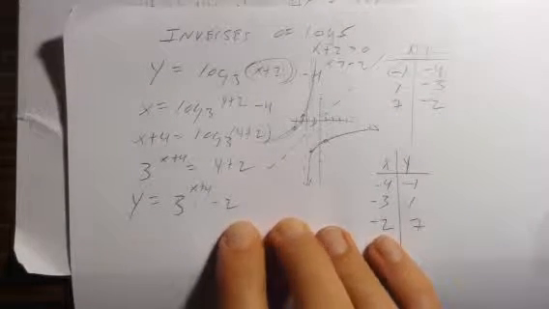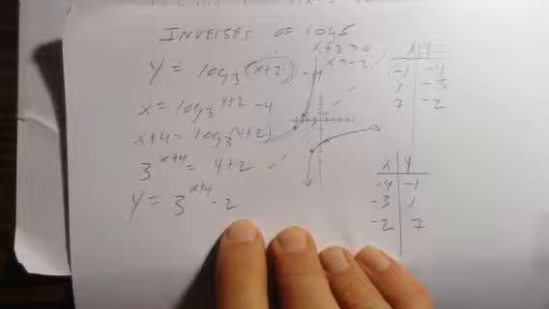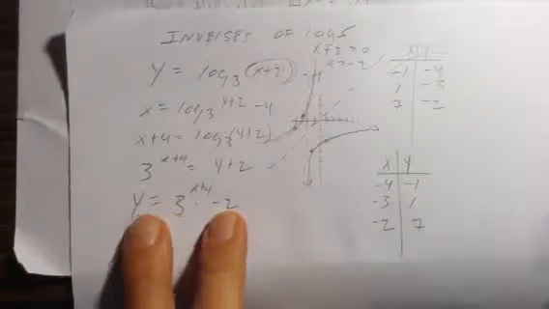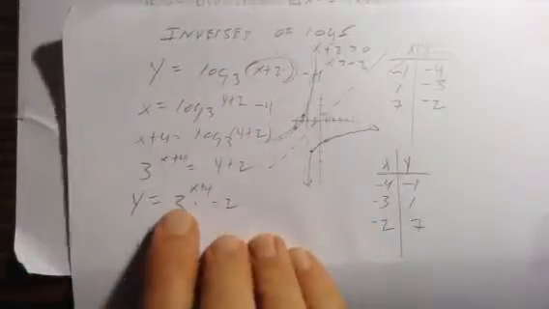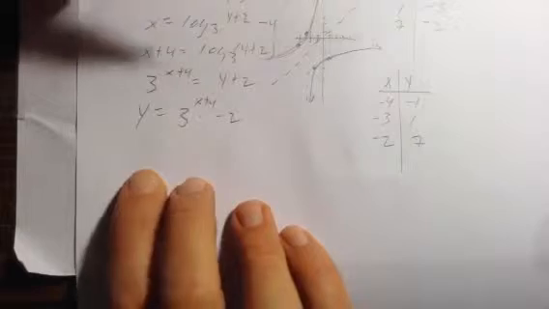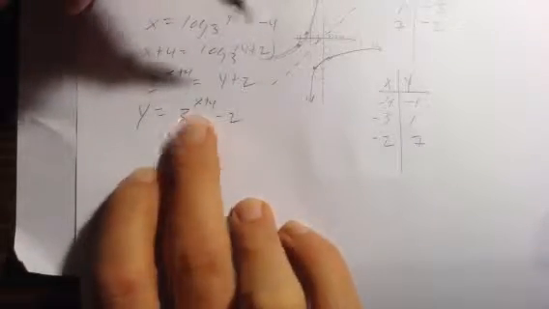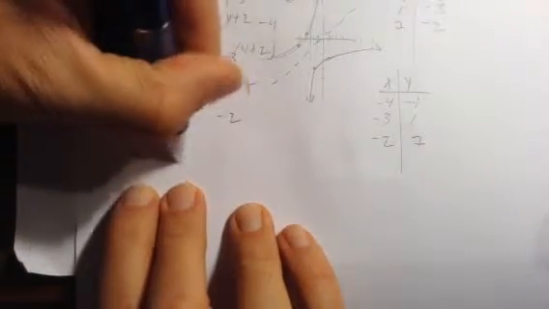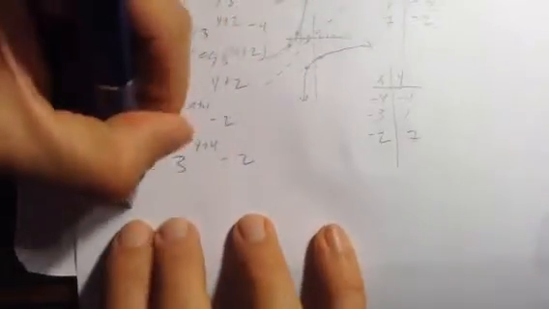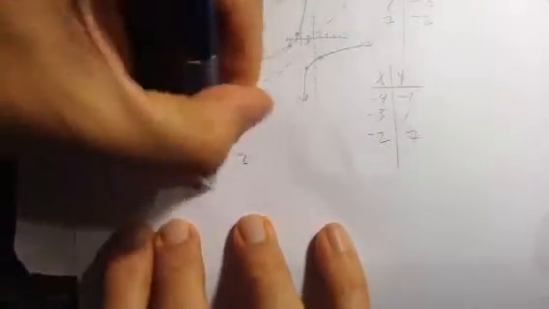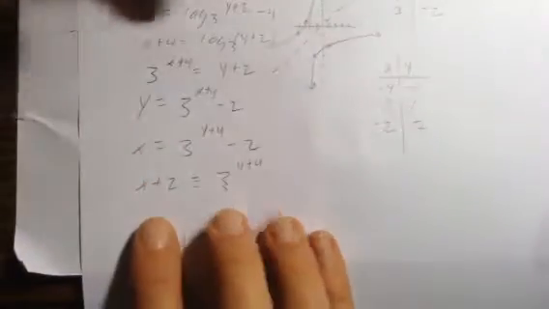Now, what if I want to get this back in inverse form, find the inverse of that exponential? Well, let's think for a second. Why don't we say x is equal to 3 to the y plus 4 minus 2. I'm going to add 2 over. x plus 2 equals 3 to the y plus 4.